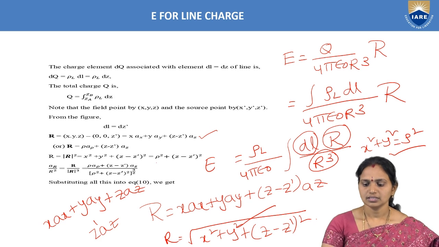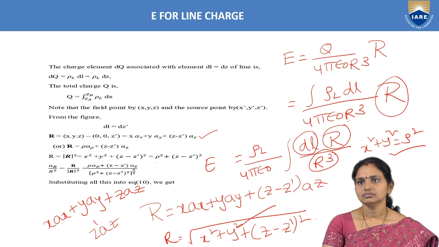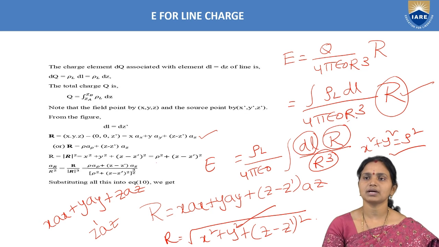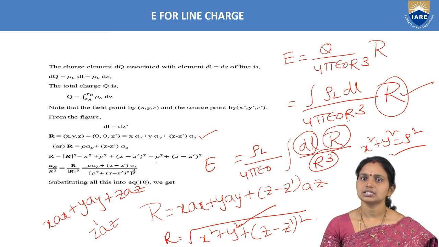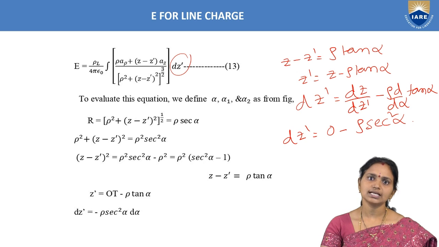So this is the position vector or displacement vector representation, and this is the magnitude vector representation. So now this is the equation, E equal to integral rho L dl by 4 pi epsilon naught r cube into r, and by defining all those terms, the displacement vector and magnitude vector, the next equation we have is in terms of z dash, rho, and finally we know these parameters only: rho which is the radial distance and angular parameters alpha 1, alpha 2 and alpha.